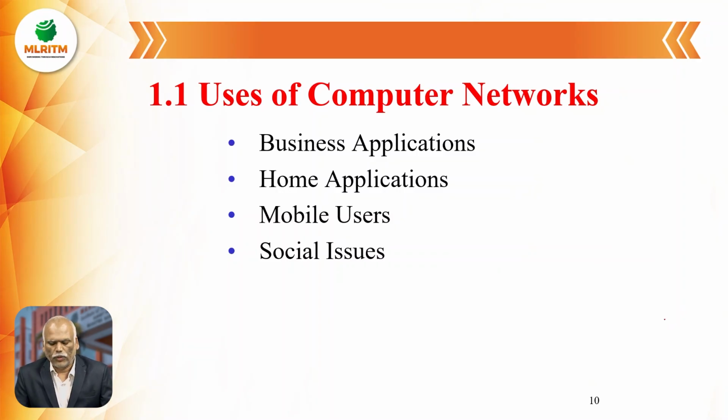Next, the uses of computer networks. Computer networks can be used for business applications, home applications, mobile users, and social issues. These are some applications or uses of computer networks.